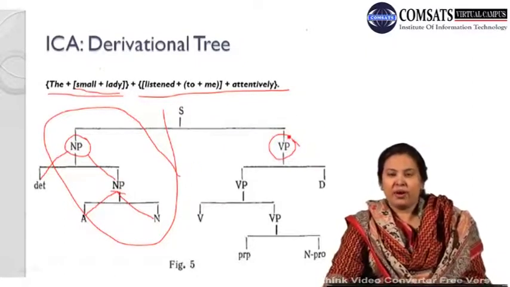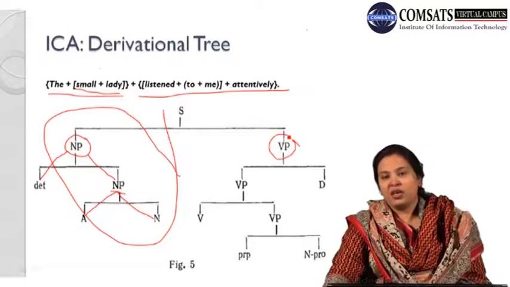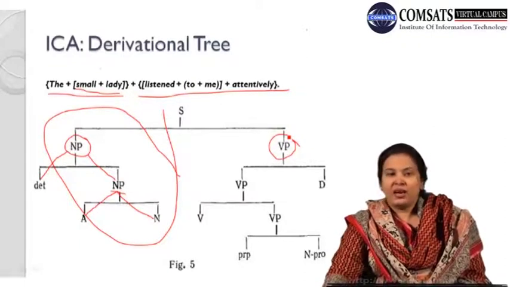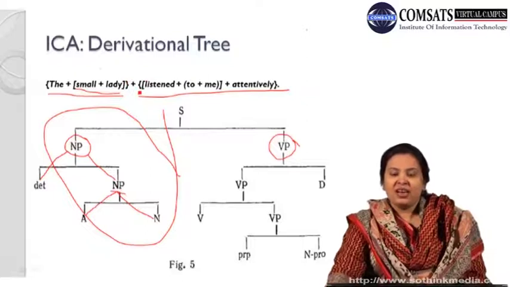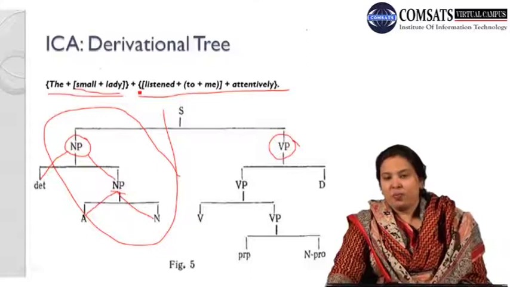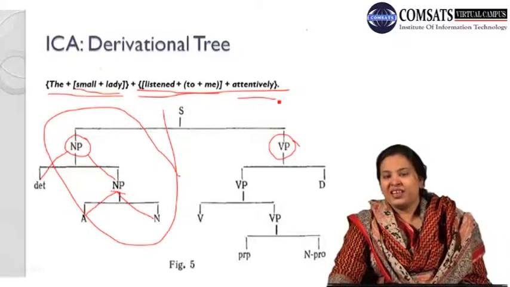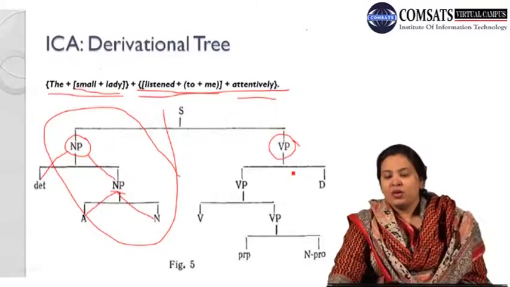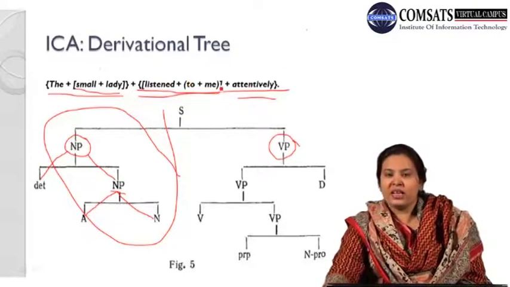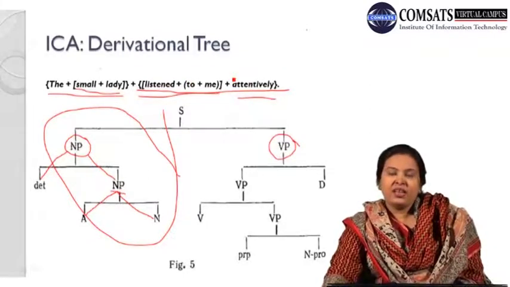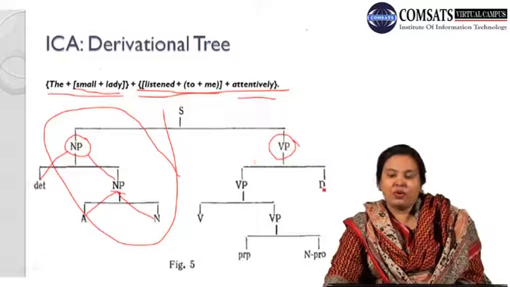Now look at the second part: listen to me attentively. Again a verb phrase. Inside that verb phrase, if you look at the sentence carefully, there are two parts: listen to me and attentively. What is attentively? Yes, adverb. So I will divide this verb phrase into one verb phrase plus an adverb.